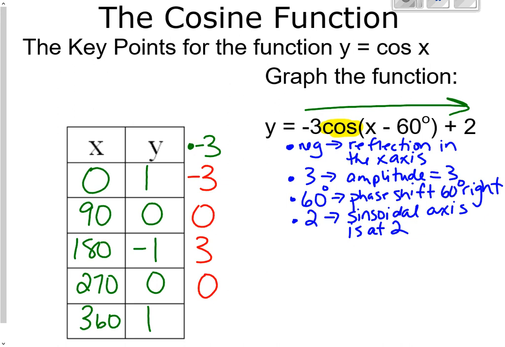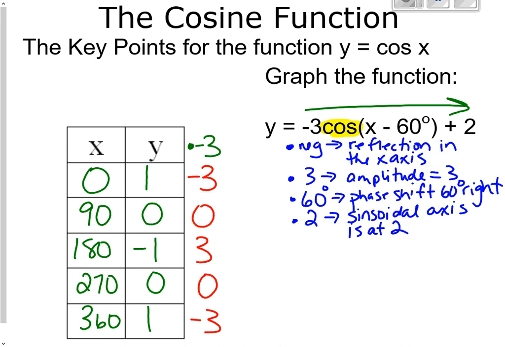And 1 times -3 is -3. So that we have our reflection. Now instead of starting up high and going low and then going high, it's the opposite. It starts low and goes high and then goes low, which is fine. It's just a reflection.